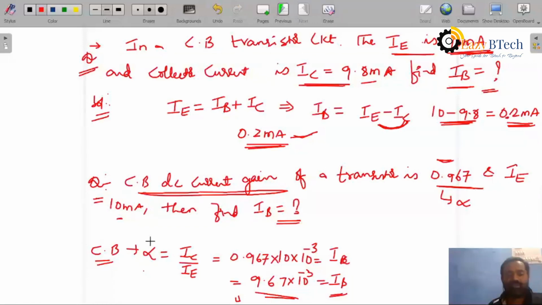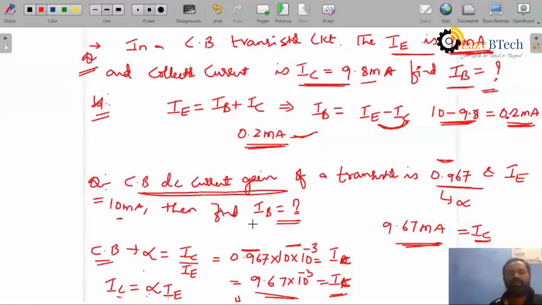Here, from alpha is equal to IC by IE, you can write IC is equal to alpha into IE. Alpha is this value and this is IE. Now you get the value of IC: 9.67 milliampere. This is the value of IC current.